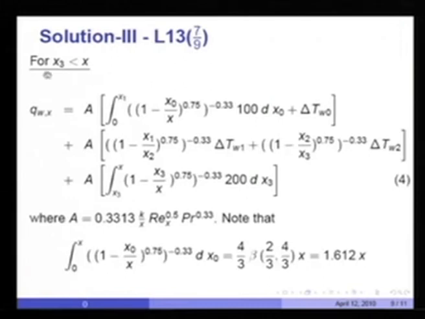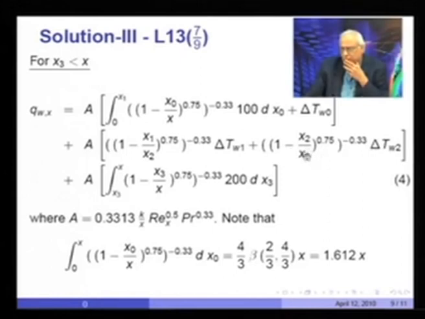For x greater than x3, this is the solution up to x1, this is the solution up to x2, this is the solution up to x3 now, because x2 has gone up to x3, and you will have simply the integral from x3 to x.